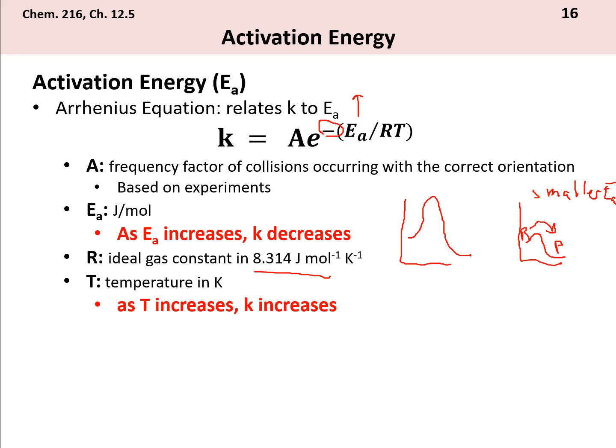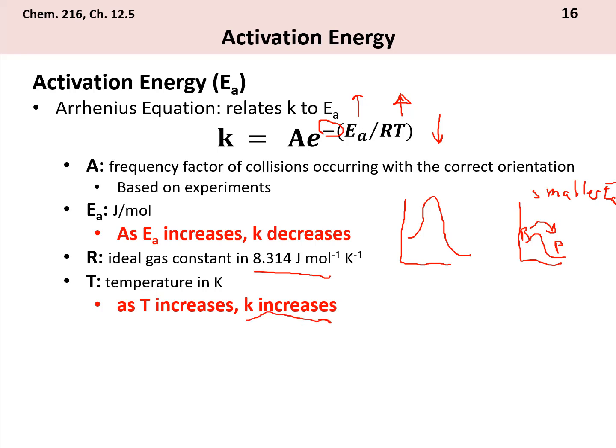And we'll do another example with this, but as T increases, this term actually gets smaller, right? But it's negative, so it actually becomes a smaller negative. So that means k is going to increase, okay?